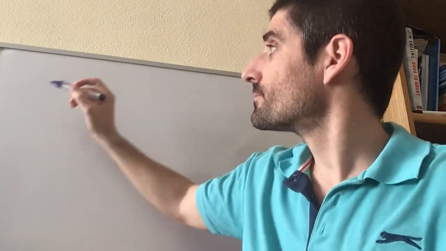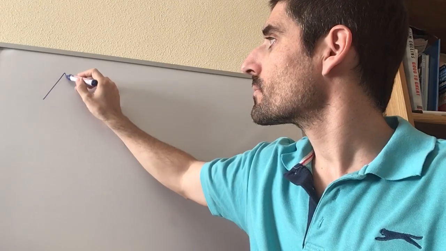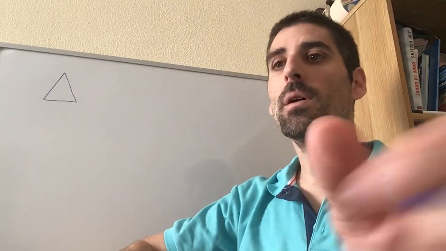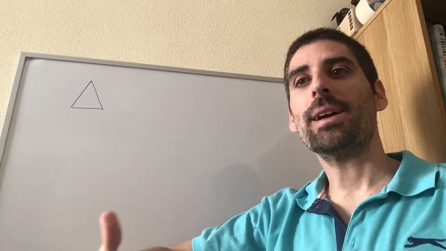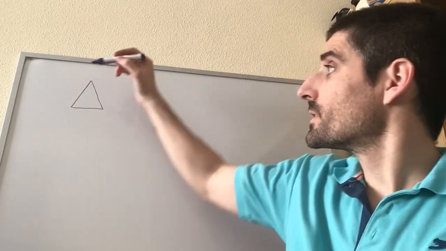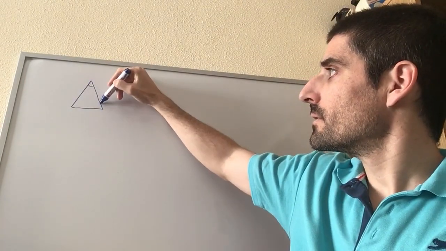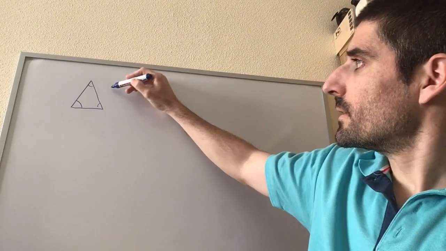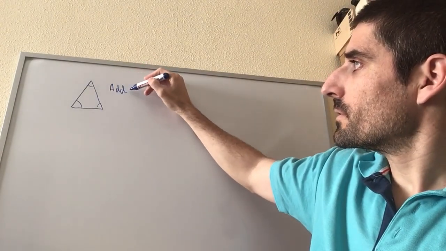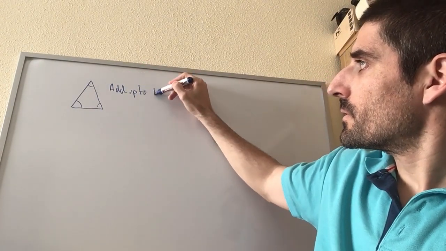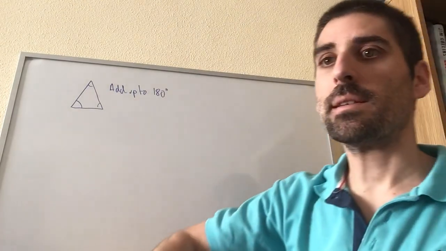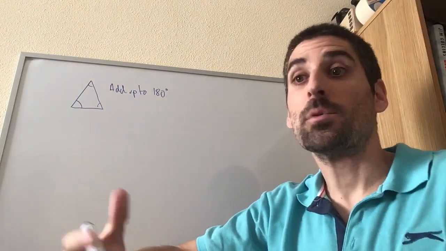So we know that the angles in a triangle, all these three angles here, add up to 180 degrees.